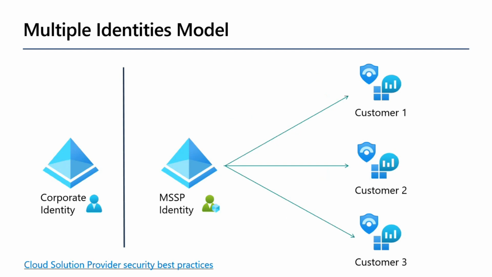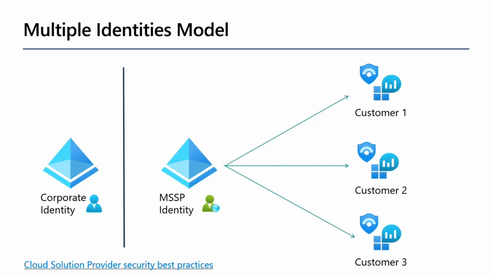And then we have this model. So that's the multiple identities model. This is where a new separate tenant is deployed to manage the identities that have access to customer security services. And this model really reduces the blast radius associated with any credential, device, or hybrid infrastructure compromise.